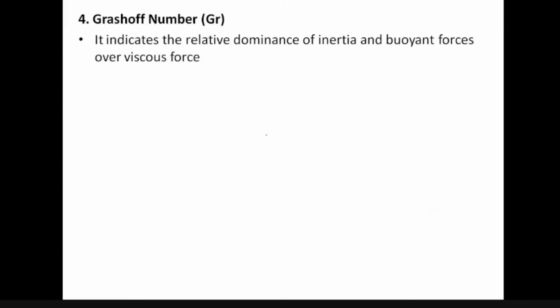The Grashof number indicates the buoyant forces, meaning the combined effect of inertia and buoyant forces over the viscous forces, whereas the Reynolds number generates the relative dominance of inertia and viscous forces only.